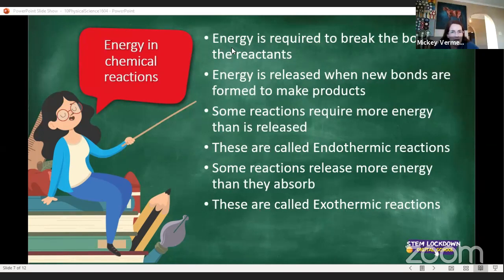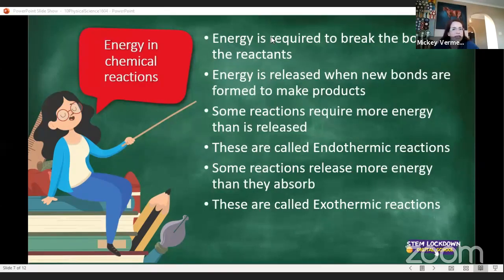When I have a reaction, any reaction, to break the bonds of the reactants, I have to put energy in. When new bonds are formed, so when the products are formed, the bonds that they make release energy.